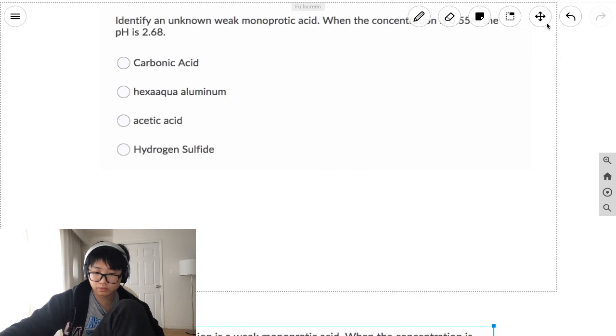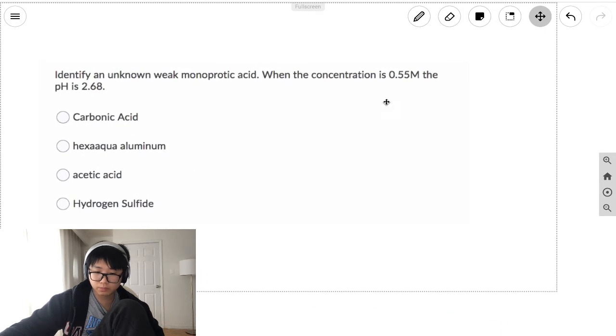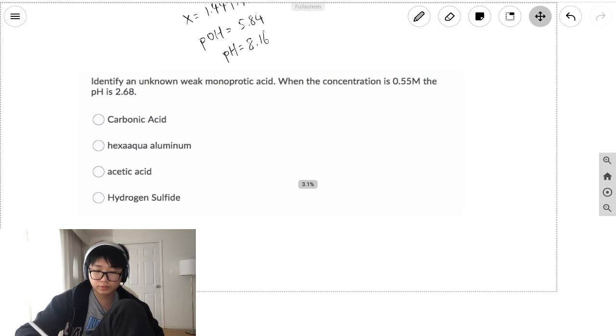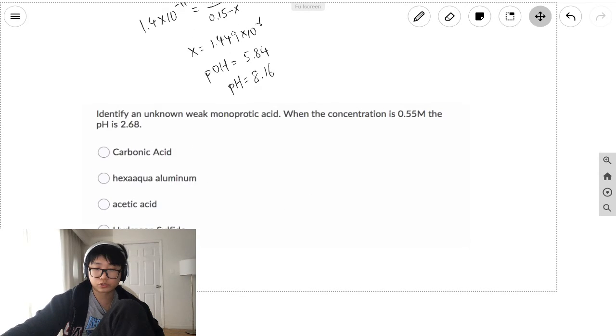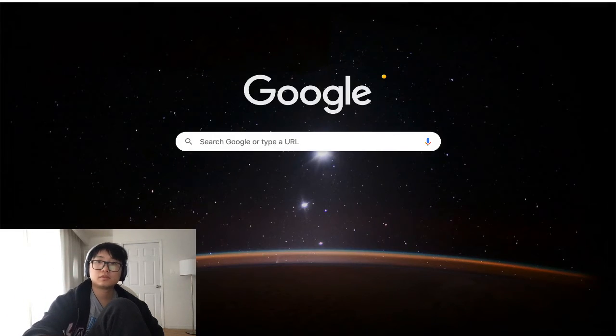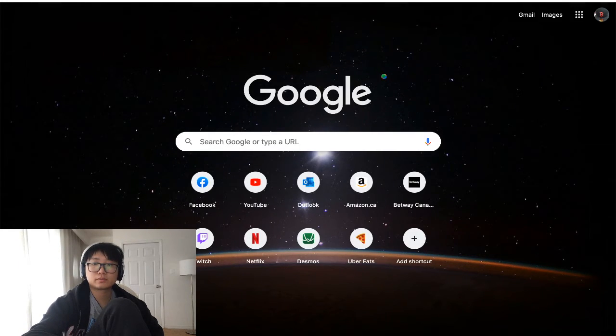Identify an unknown weak monoprotic acid. A monoprotic acid, you know, it just means hexaaqua aluminum, aluminum with 6 water molecules with it. You know what? Remember the hydrates? Yeah, I remember you did the nomenclature.